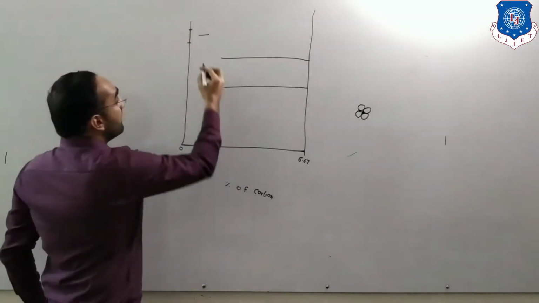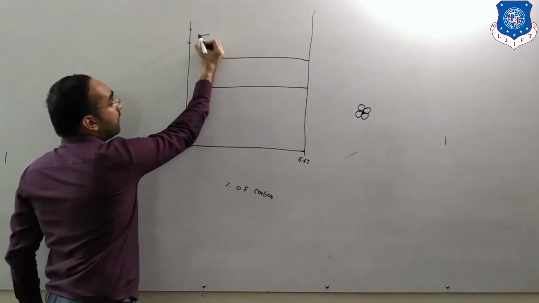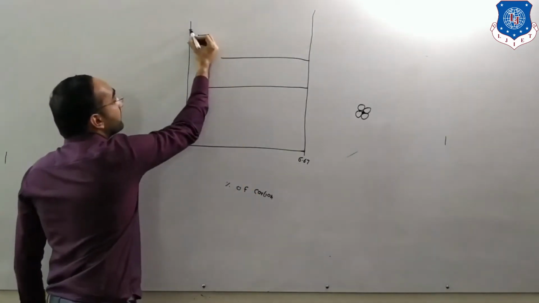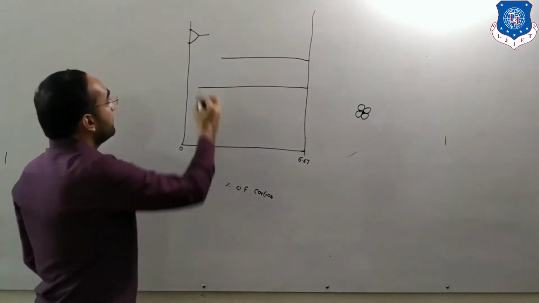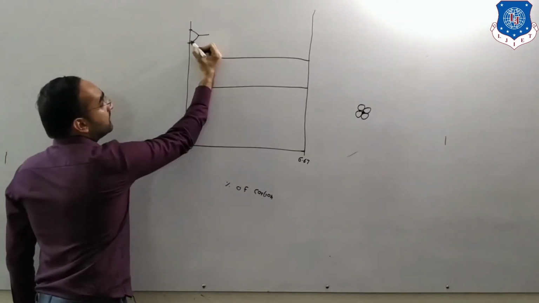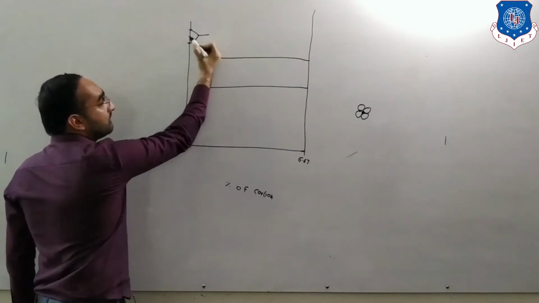Now what we will be doing? We will be joining one end of the line with both the points in a curvature type of view. We will be joining the one end with both the points plotted on the y-axis.